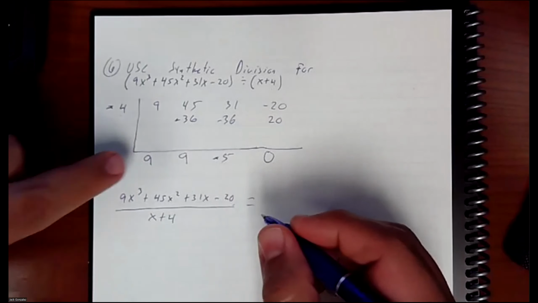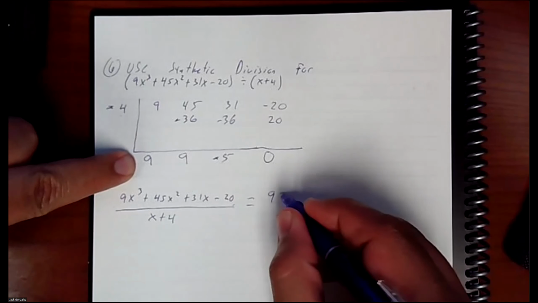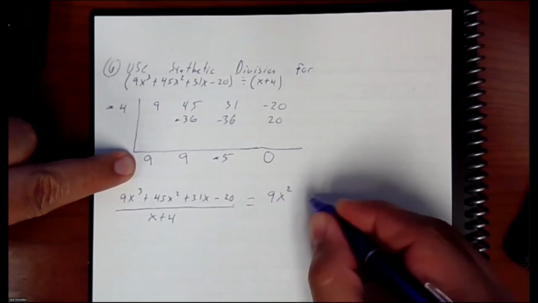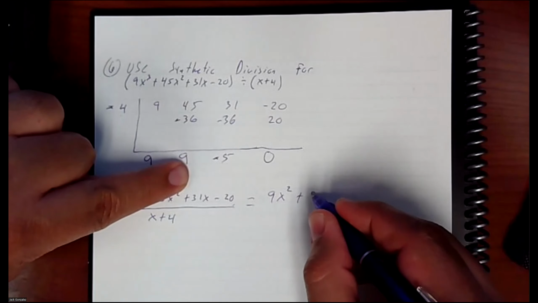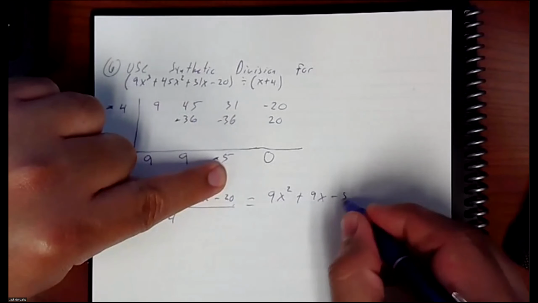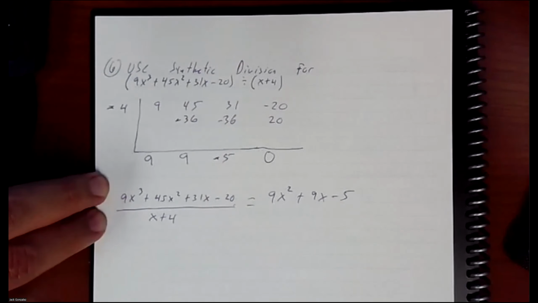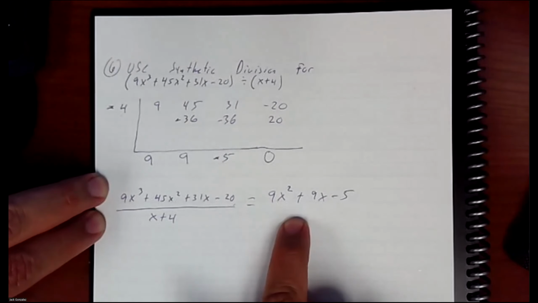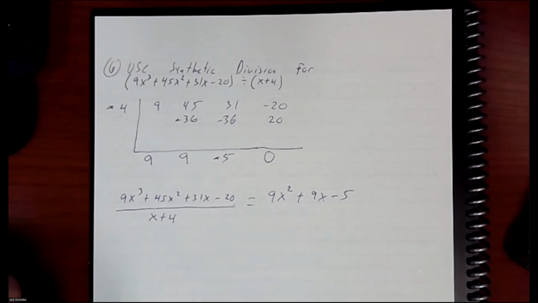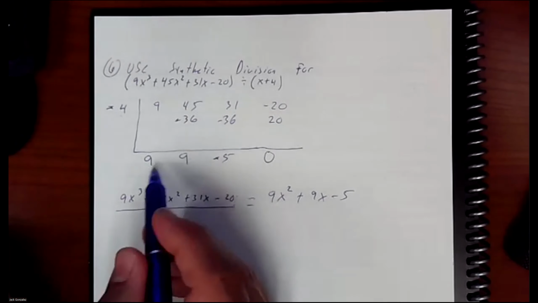This is equal to 1 power less. So squared plus x minus 5. So this division becomes this quotient using these coefficients.